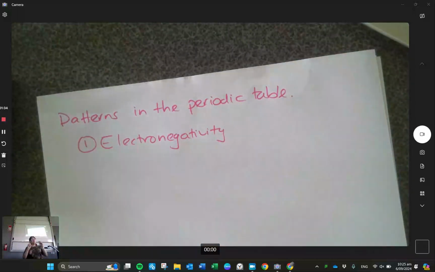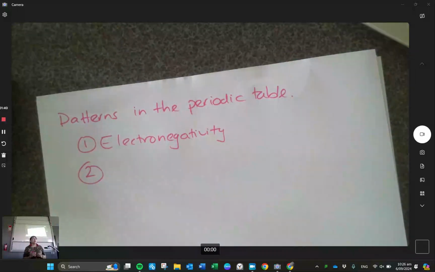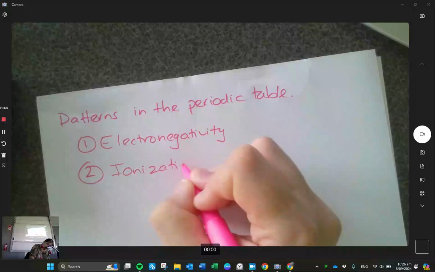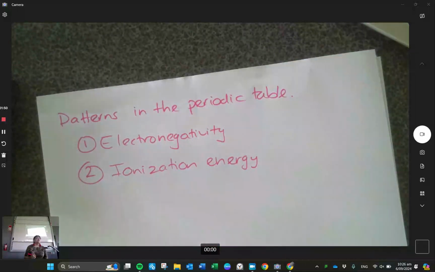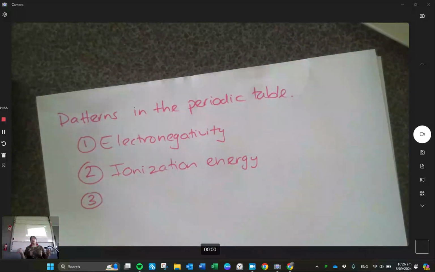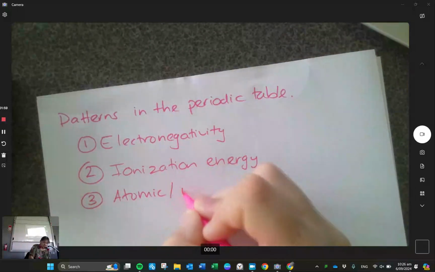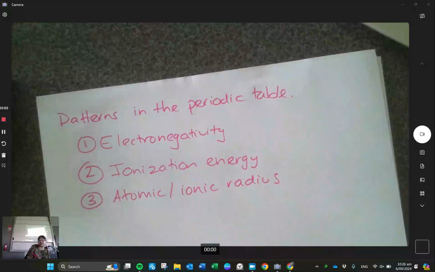I'll talk about these in more detail when we get to each one. That way you don't have to backtrack too much. The second one you're going to hear about is going to be ionization energy. And then the third one they're going to be talking about is going to be atomic radius or ionic radius. So that's basically how big the atom is.